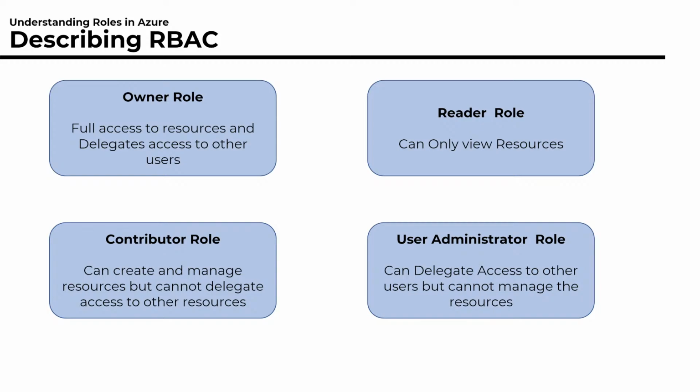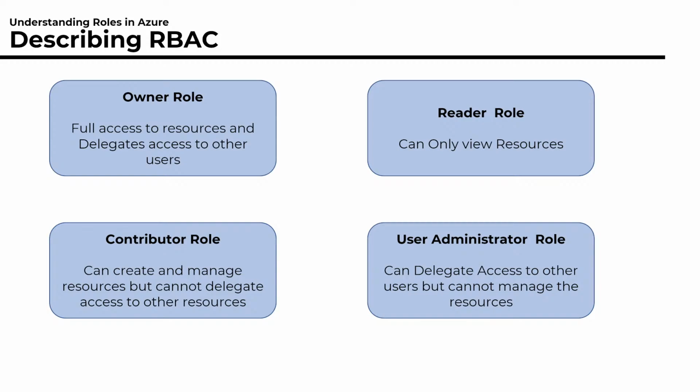He can do anything with that resource. He can update the resource, or delete the resource, or he can delegate the access to the other users using his owner role. So owner role has full privileges to perform any operations on that particular resource.